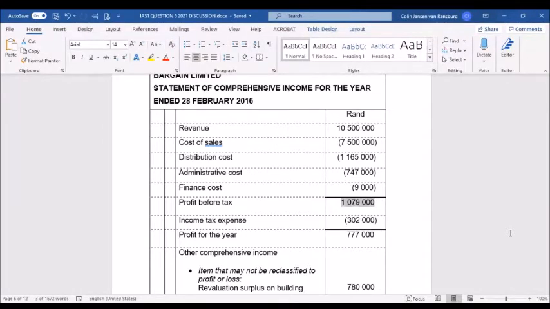In the fourth term, when we do our statement of cash flows, we'll also encounter a new item that we haven't encountered ever at university in financial accounting yet, which is called the income tax paid. And the income tax paid is not the same as the income tax expense, because the income tax expense, as you now all know, has been calculated using the accrual basis.